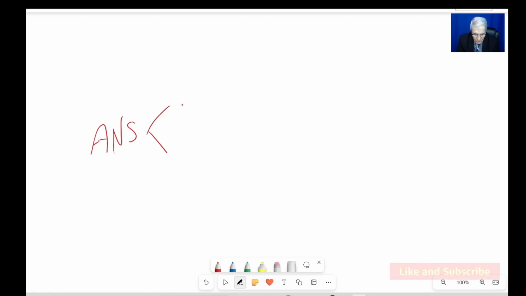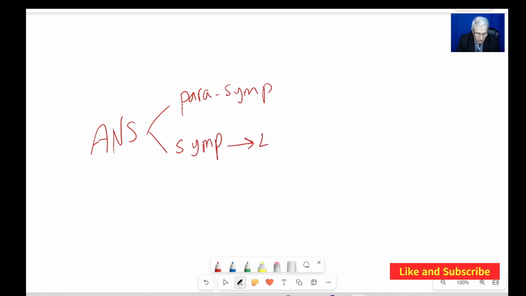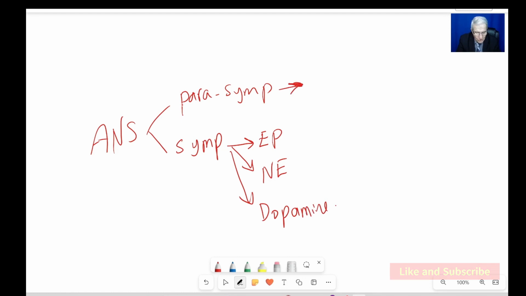In the autonomic nervous system, we have two main systems: the parasympathetic system and the sympathetic system. Talking about the sympathetic system, we are speaking about epinephrine and norepinephrine, and also dopamine. In the parasympathetic system, the main mediator is acetylcholine.